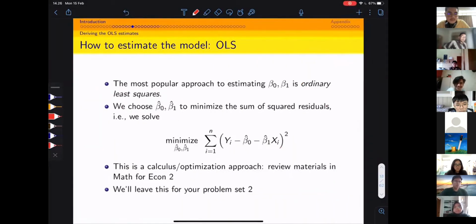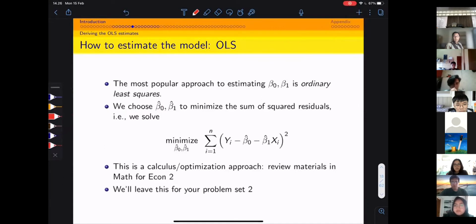All right. So since we have established the idea of recovering the data, to recover the parameters beta 0 and beta 1 from the data, we need the key assumption, which is the zero conditional mean assumption. We also need the data to be able to estimate it. Okay.